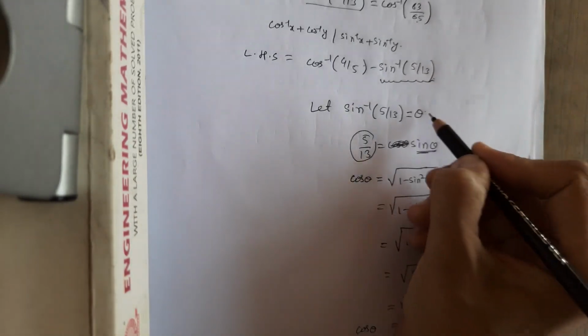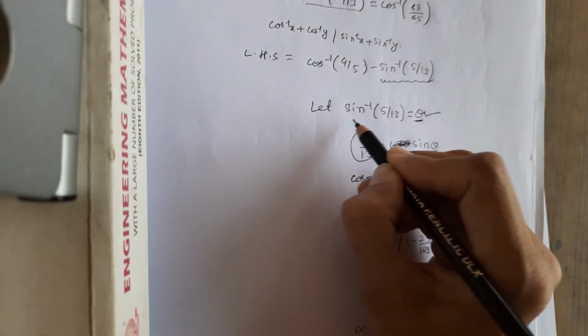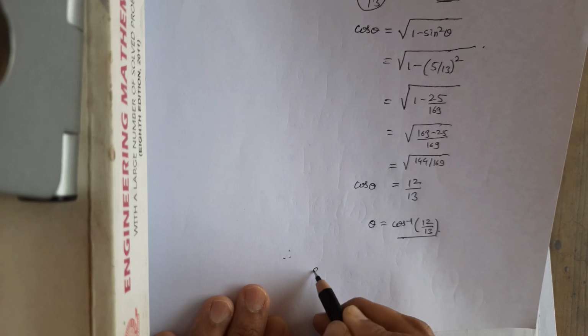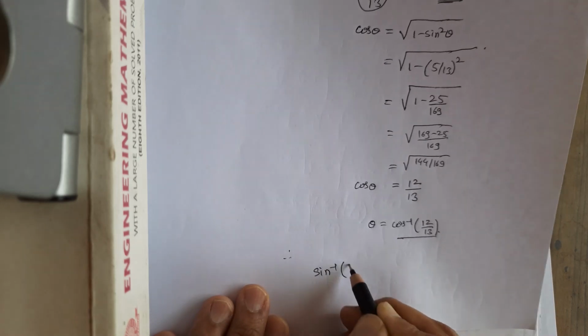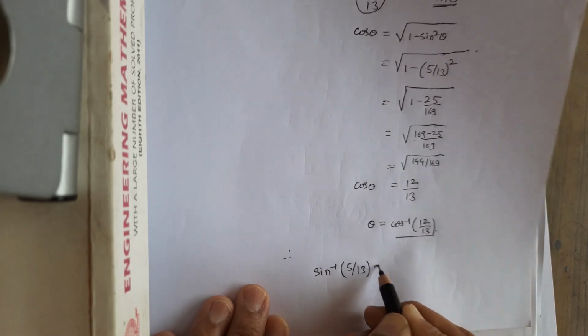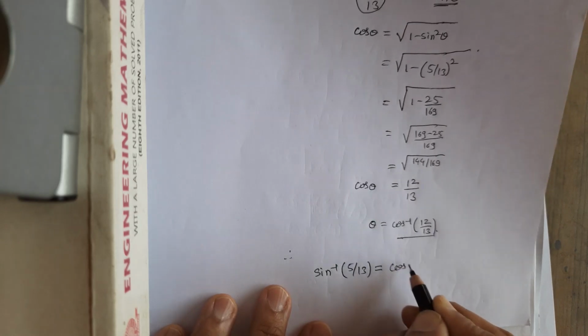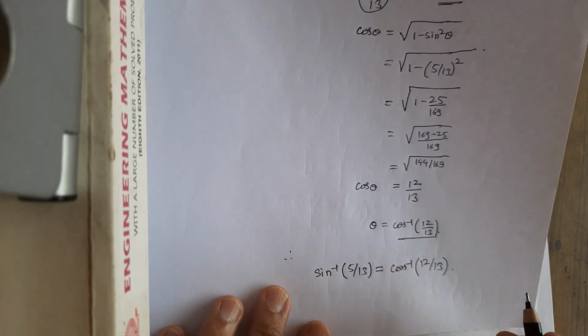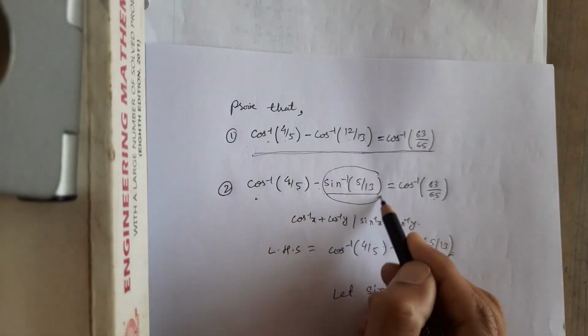Here I assumed sin inverse of 5 by 13 equal to theta, and I got theta equal to cos inverse of 12 by 13. So therefore sin inverse of 5 by 13 is actually equivalent to cos inverse of 12 by 13.